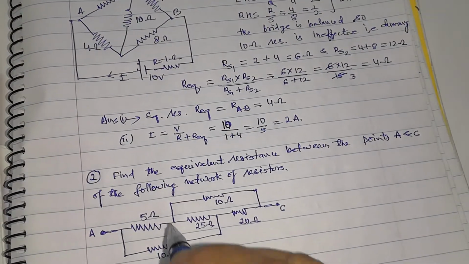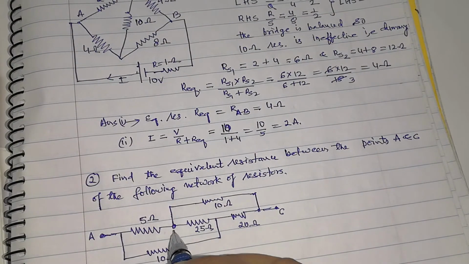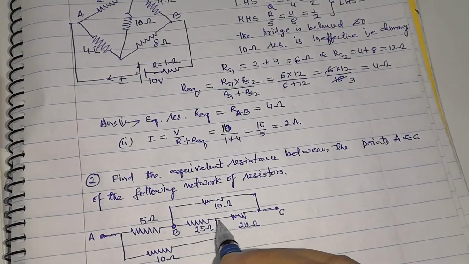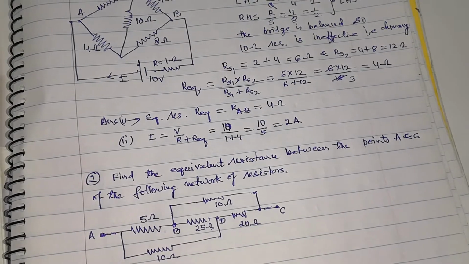So let this point be B, this point be D, and this point is already there, it is C.